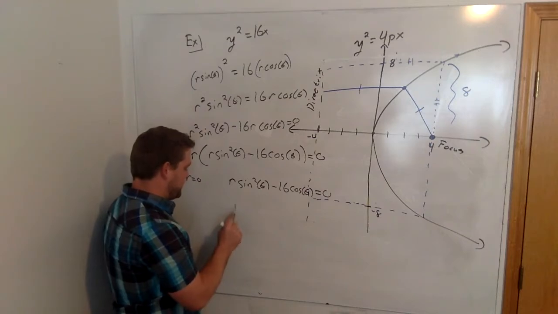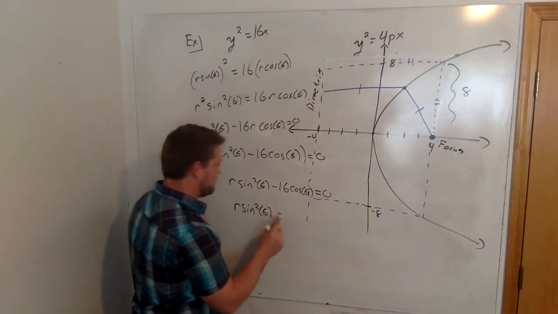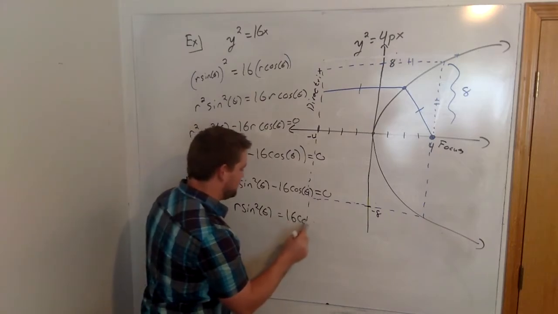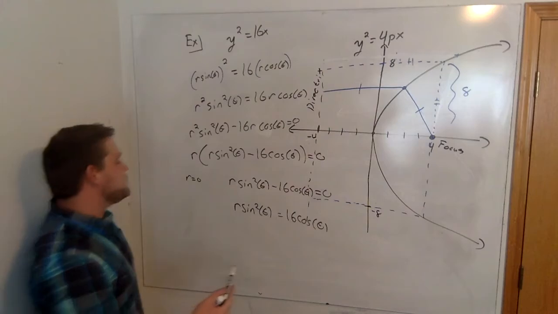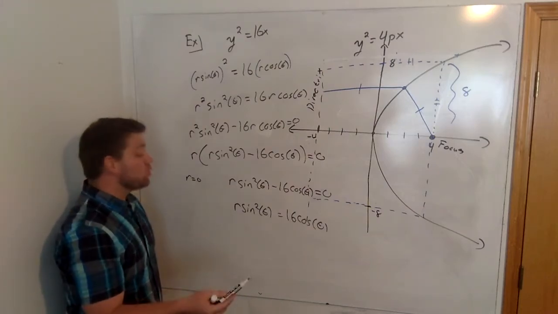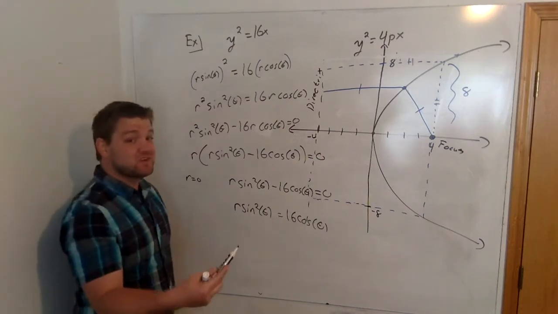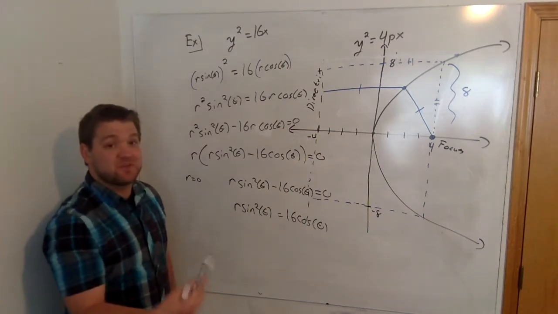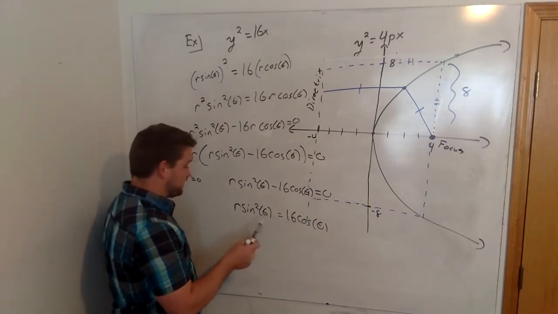So here we're going to have r times the sine squared of theta equal to 16 times the cosine of theta. Whenever you're solving for something in polar coordinates, if you can, it's nice to have r equal to something or theta equal to something. And I think we can by dividing both sides by sine squared.